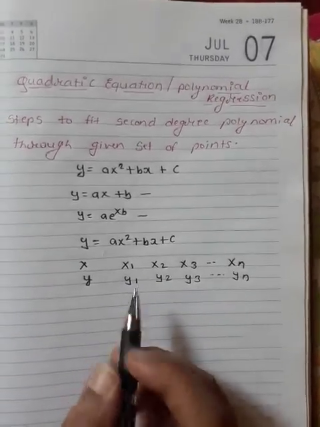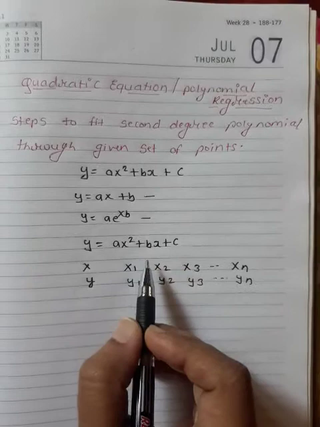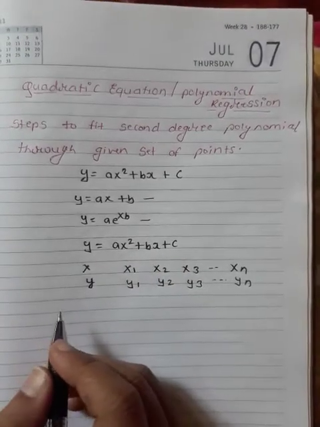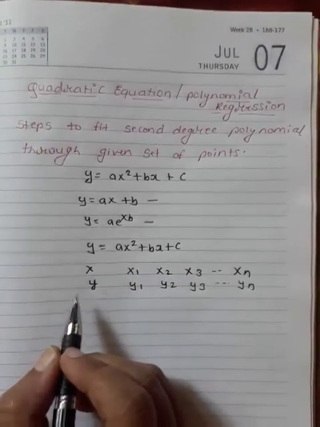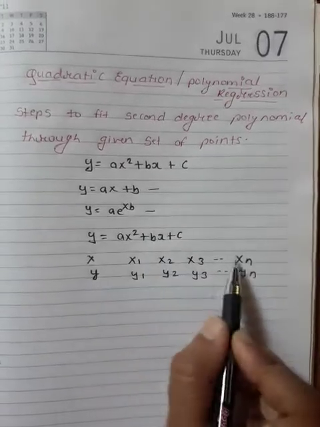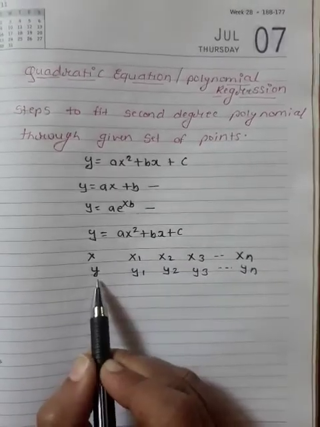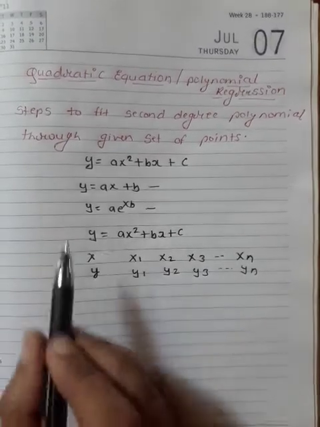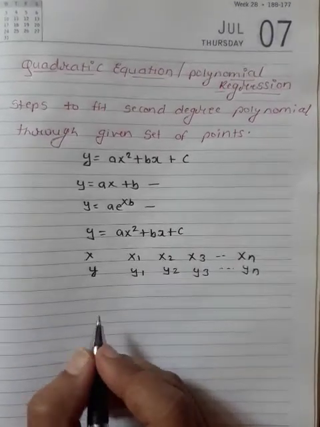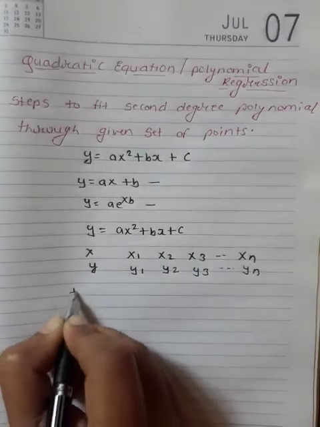For the above equation, we have to take the summation. Why do we have to take the summation? Because there are n values for x and n values for y, so we have to take the summation.